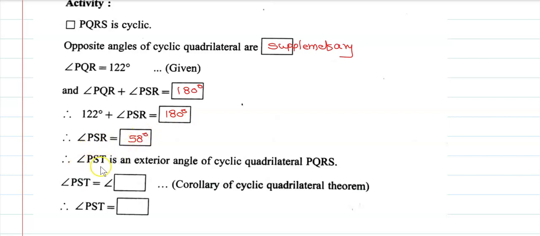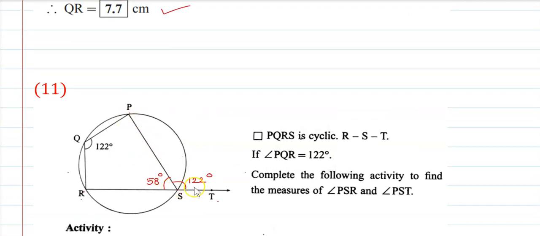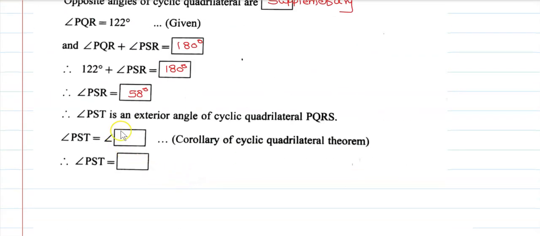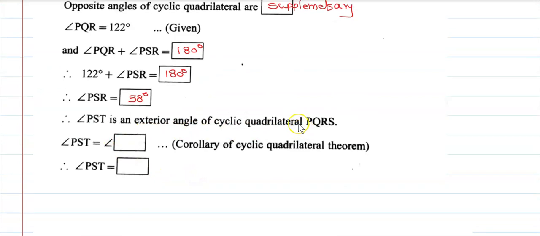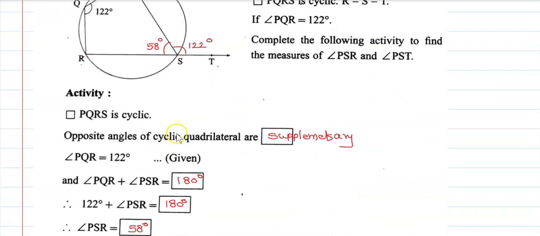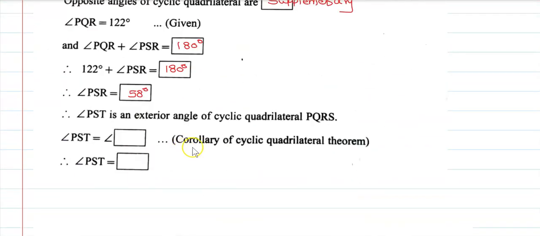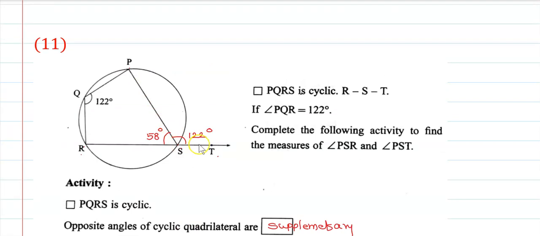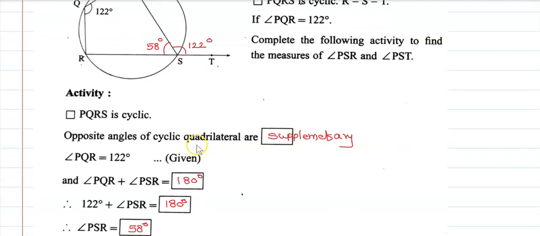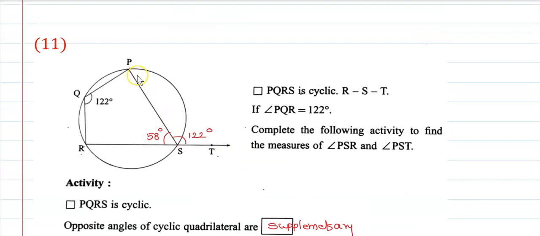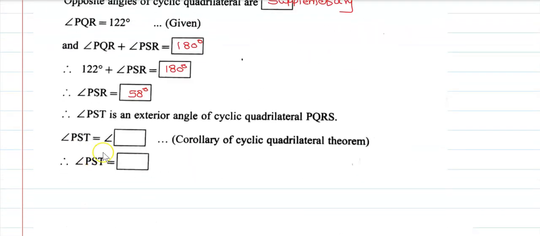Now the angle PST. This is the exterior angle of cyclic quadrilateral PQRS. Angle PST is equal to the measure of angle PQR.